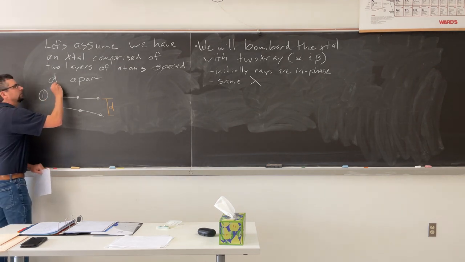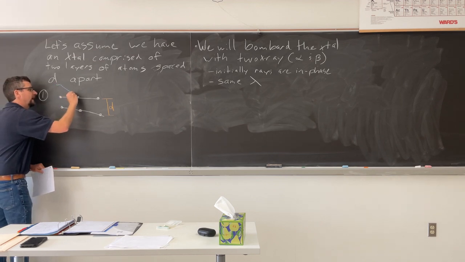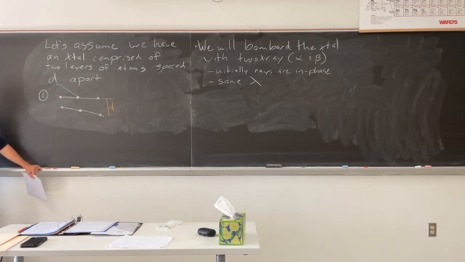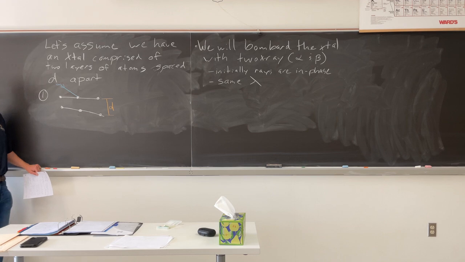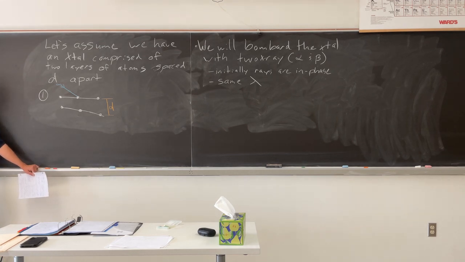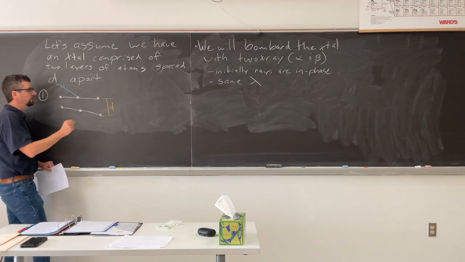Here's alpha. Alpha zips down, hits that atom. We're going to mark the direction that alpha is going because that's important. Okay, what is going to happen to that ray? Yeah, the pew, I like the sound effect associated with it too. It's going to deflect.